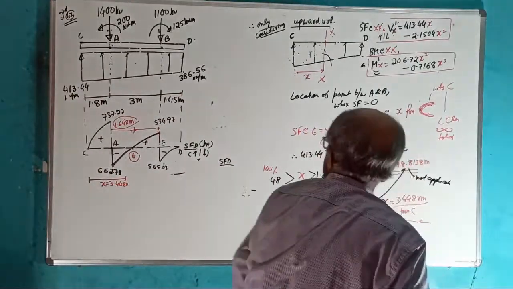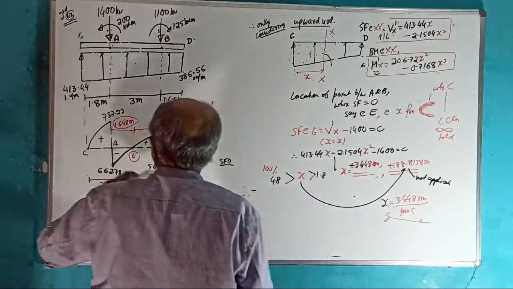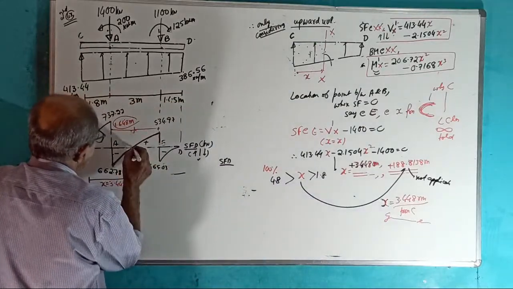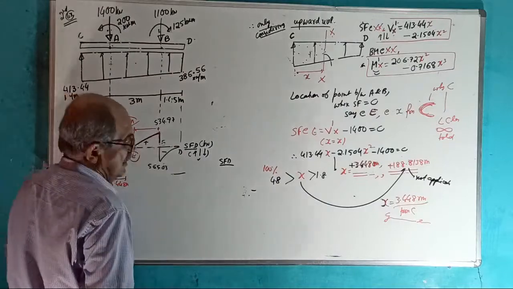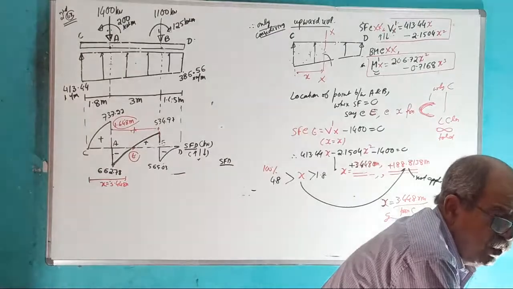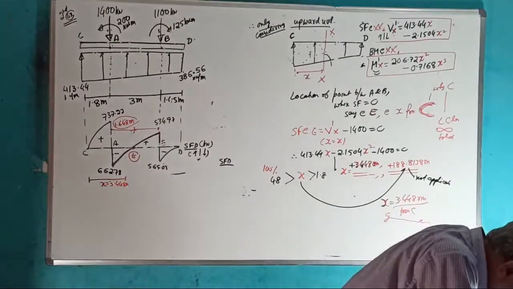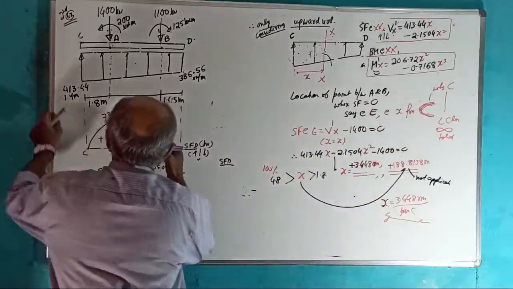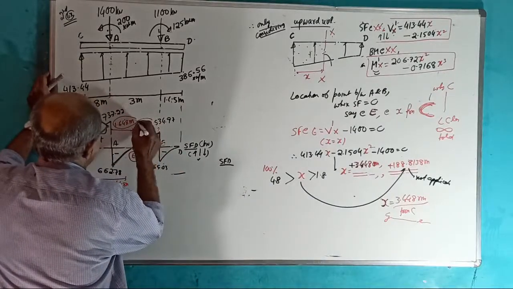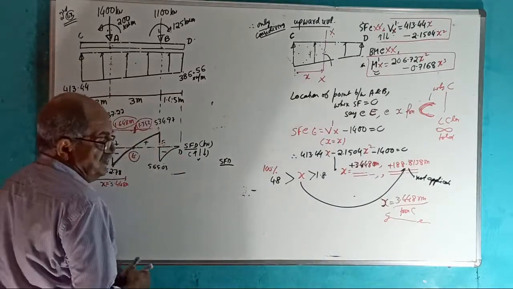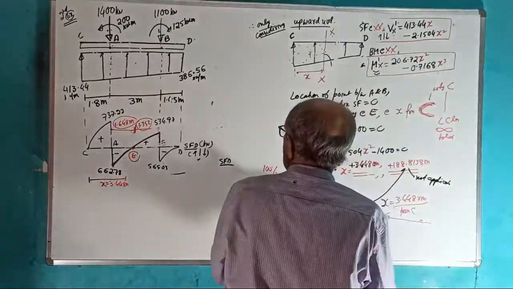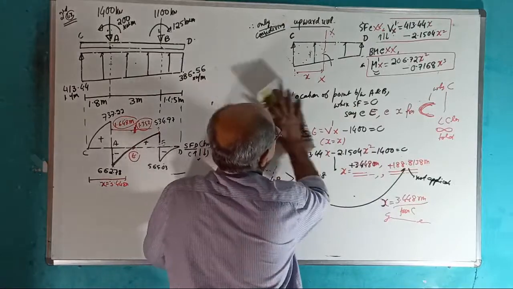In RCC, you require this distance for extension of the bar. How much is it from that side? 1.352. There is no exact scale, adjust it. Leave it here, 1.352 meter. Now, with this, SFD is completely over. Now go for the last part, BMD.